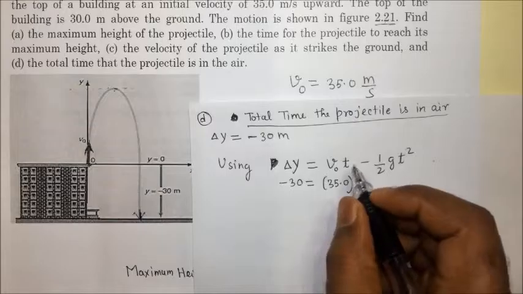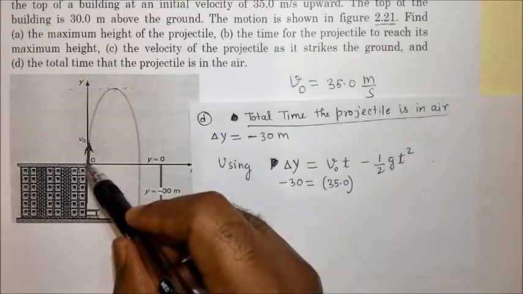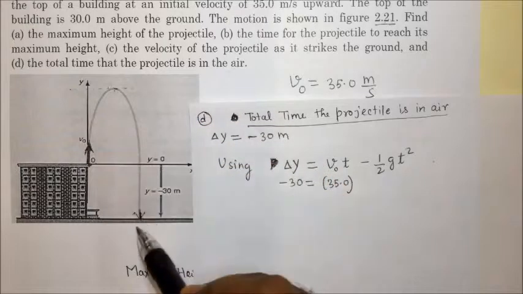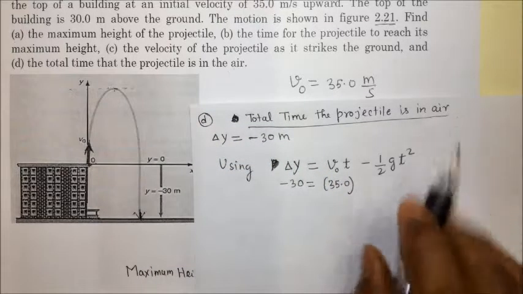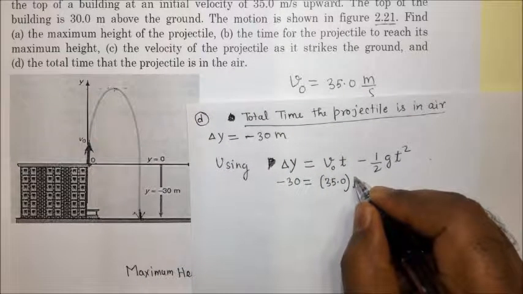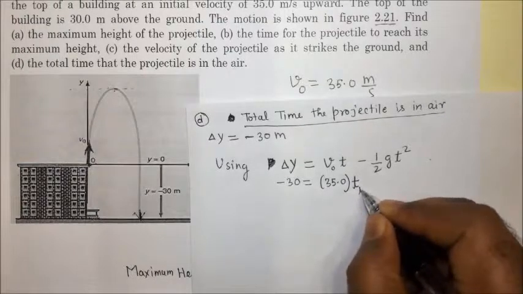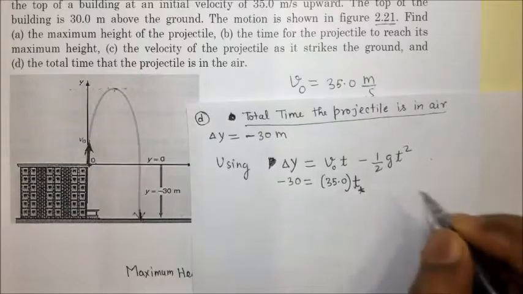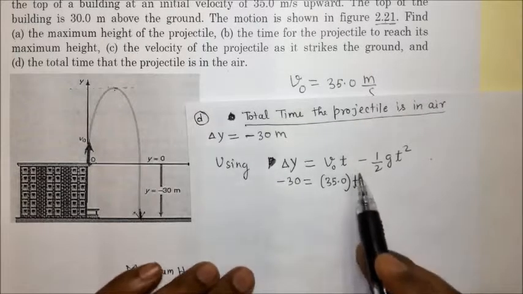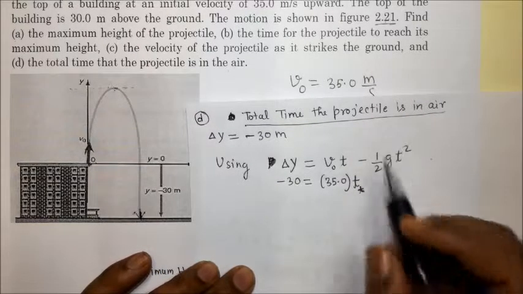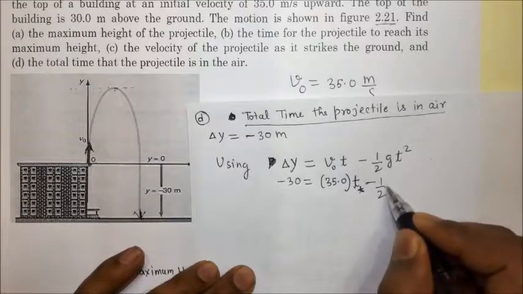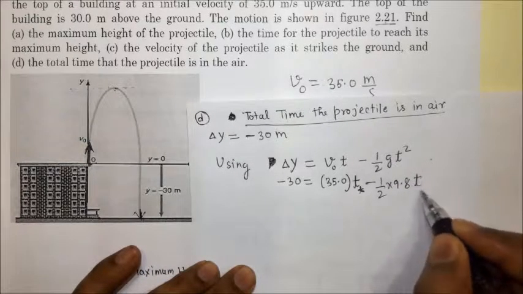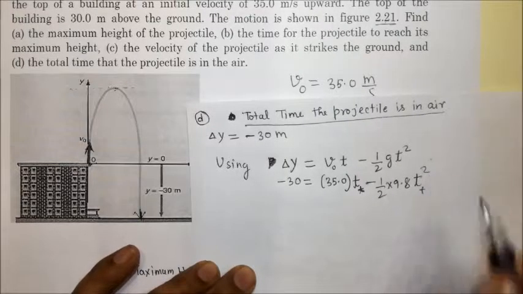Now the t is the total time, from the starting point it goes all the way up and comes back to the ground, the total time. So I would add a suffix, t sub t, t suffix t. This t suffix t means total time, minus 1 by 2 times 9.8 t suffix t square.